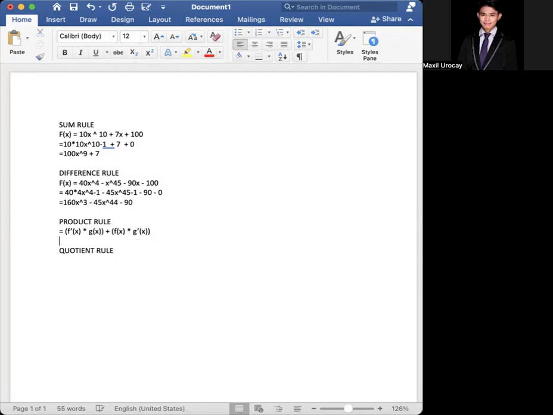Suppose that you have two functions here. Let me say 15x to the power of 5, then plus 10, and your other one will be 12x to the power of 5, then plus 15x, for example.